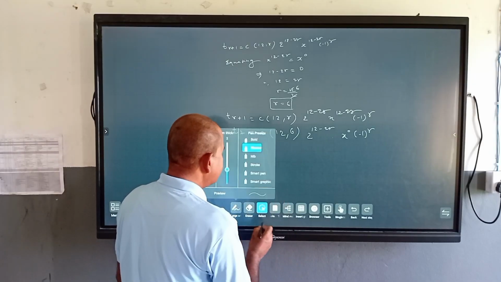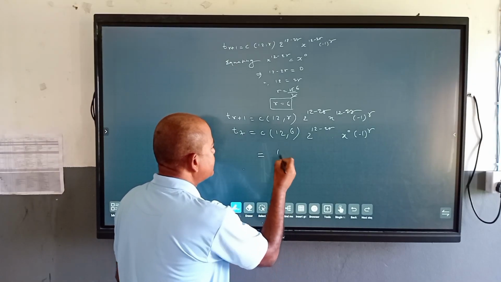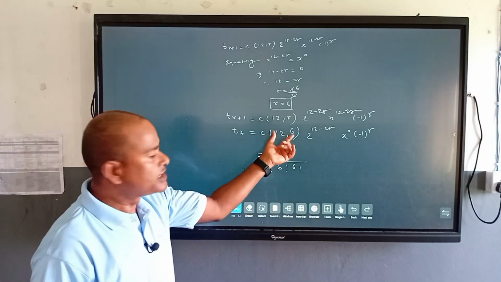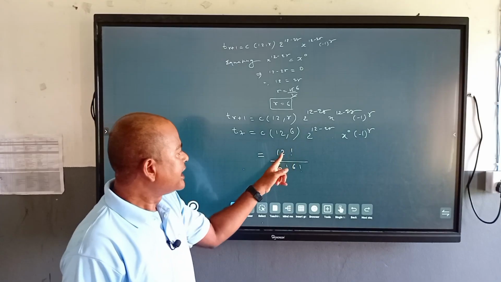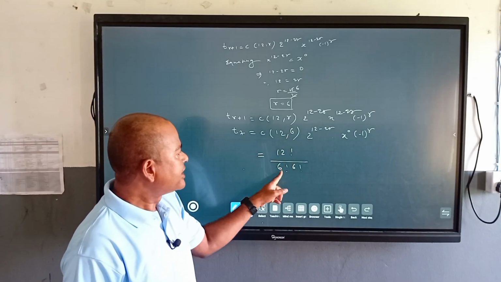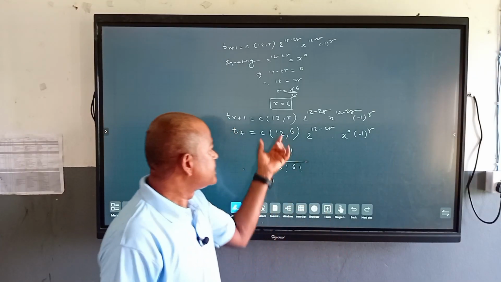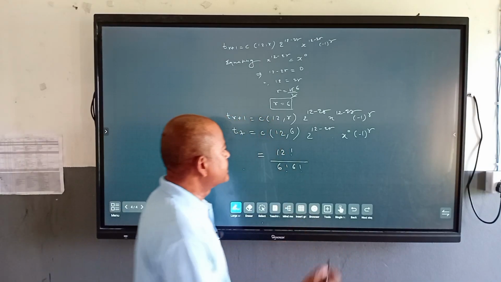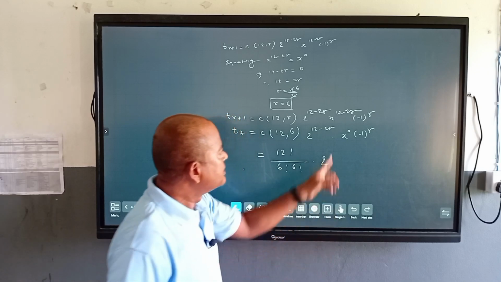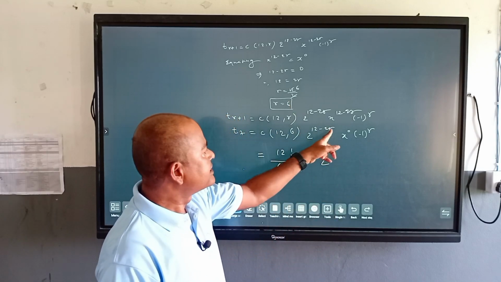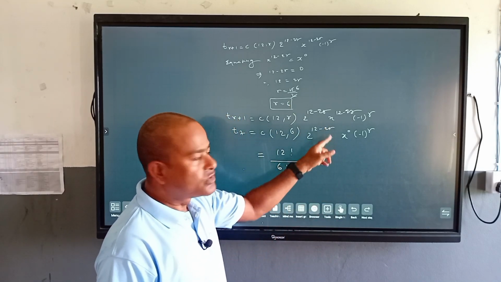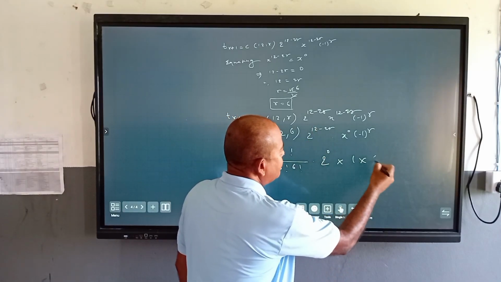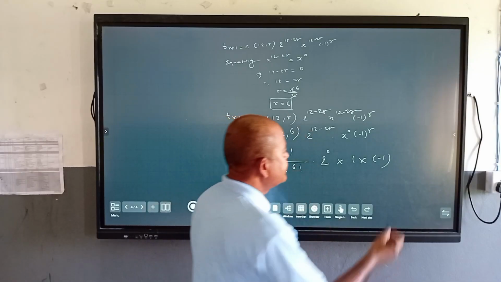So C 12 6 means 12 factorial divided by 6 factorial into 6 factorial. So by using the formula of combination C n r equals n factorial by n minus r factorial into r factorial, we get the value of C 12 6, or by using the calculator also we can get the value of C 12 comma 6. And this is 2 power 12 minus 2 into 6, 12 minus 12, we get 0, 2 power 0, x power 0 means 1, and minus 1 power r, the value of r is 6.